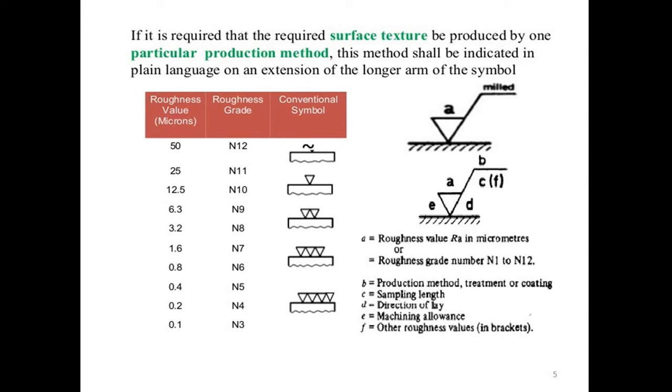In the last slide we studied that for every roughness value there is a grade symbol or roughness grade. If it is required that the surface texture be produced by one particular production method, this method shall be indicated in plain language on an extension of the longer arm of the symbol.